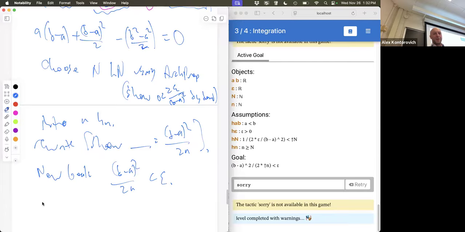But we know that n is at least capital N, and that 1 over 2 times epsilon divided by b minus a squared is less than capital N, which is less than or equal to little n, which implies this.